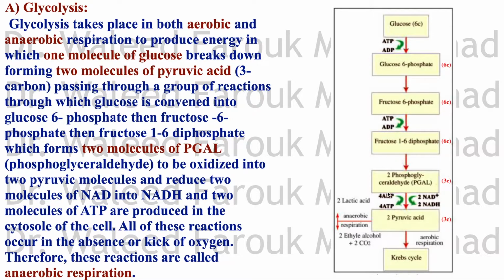So the net result will be 2 ATP in glycolysis. All these reactions occur in the absence of oxygen. Therefore, these reactions are called anaerobic respiration. This is how glycolysis occurs.